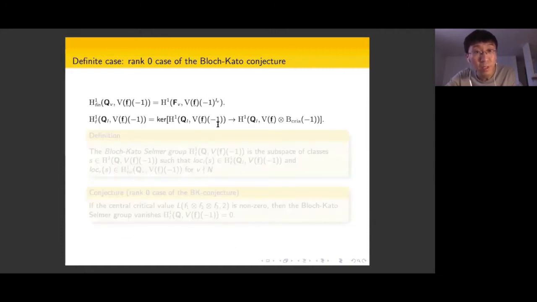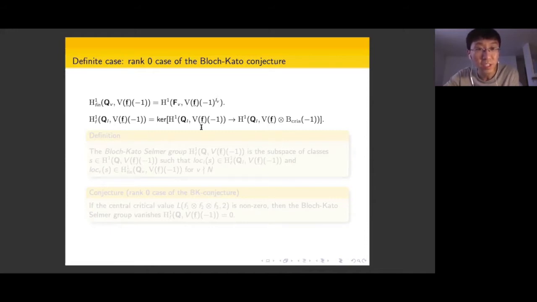Okay. Now I want to define this Bloch-Kato Selmer group. So first, I recall that the finite part of the Galois cohomology is defined. The finite part of the Galois cohomology of Q_v, where v is a finite place of Q, valued in this V triple F is defined to be the Galois cohomology of the residue field at v valued in V triple F with inertia fixed by the inertia.